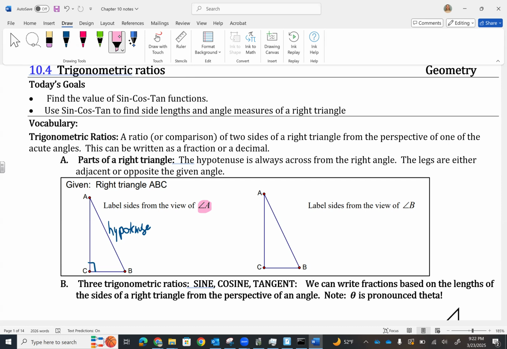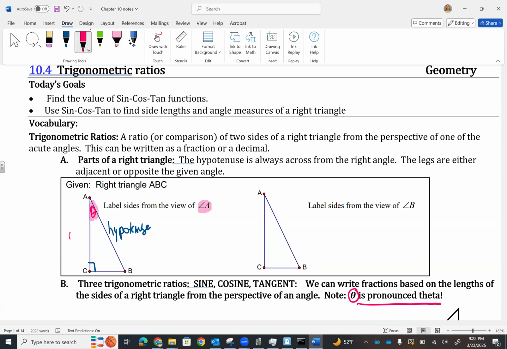So on a right triangle, I'm going to always tell you stand at one of the two acute angles. So I'm going to say stand at A, and I'm going to put a theta there. Theta is the name of an angle. If you're at A, and that's the angle we're speaking about, the hypotenuse doesn't change, but adjacent means touching, right next to.